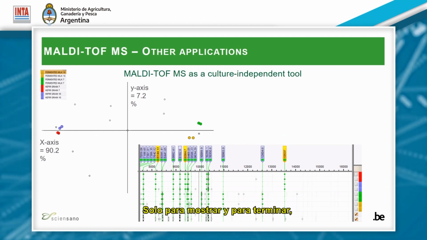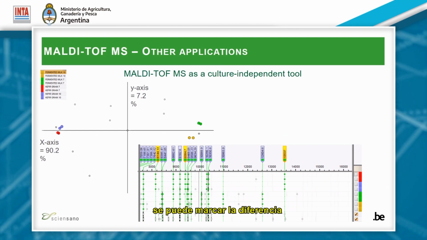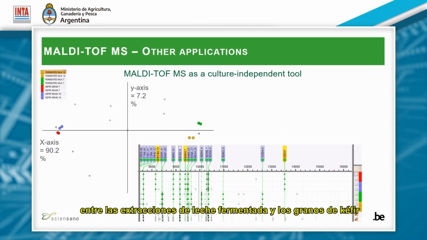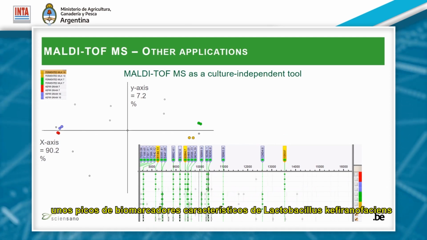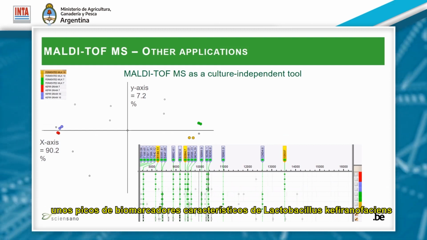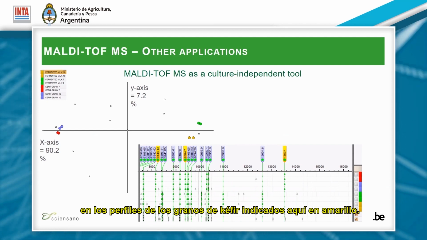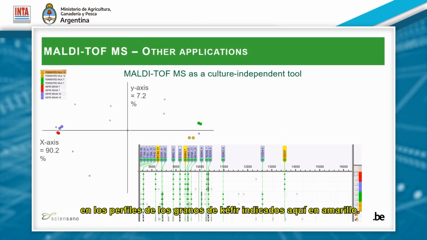Just to show and to end, we were able to make a difference between extractions from fermented milk and the corresponding kefir grains. And then we were also able to assign some biomarker peaks that are characteristic for Lactobacillus kefiranofaciens, which we could only find in the profiles from the kefir grains, indicated here in yellow.